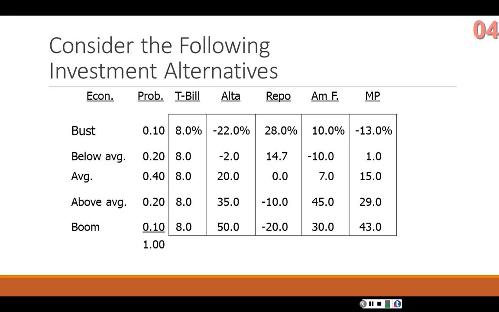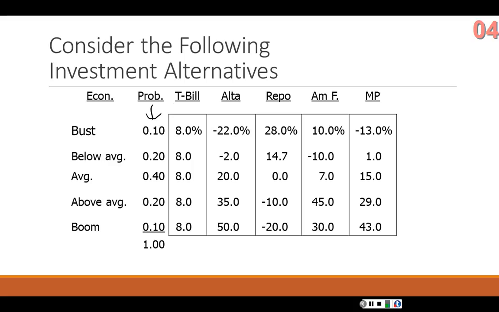So if we're going to look at different investment opportunities, we first need to talk about probabilities. The probability is the chance that an event will occur. And here we see that there's a 10% chance, here's the probability column.